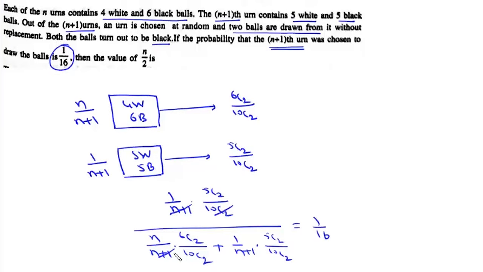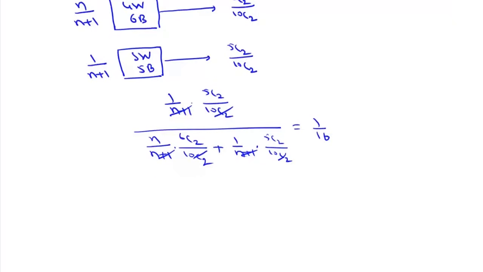Now n plus 1 and 10C2 will cancel. We can write this as 10 upon, now 6C2 is 15, 15n plus 10, and this will be equal to 1 by 16. Now we can write this as 15n equals 160 minus 10, which is 150. So the value of n is 10.